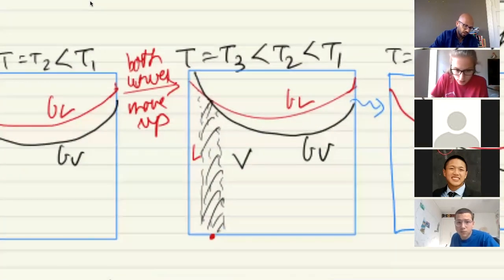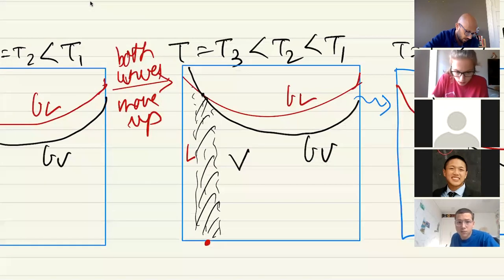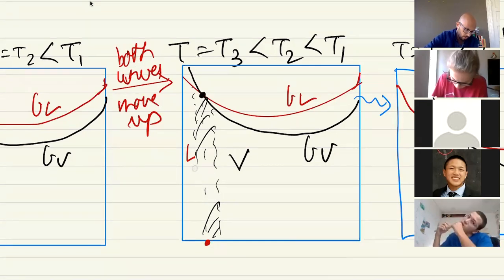Let's zoom in. Ordinarily you would have thought that to the left of this black circle that I just drew, everything would be liquid and everything to the right would be vapor.